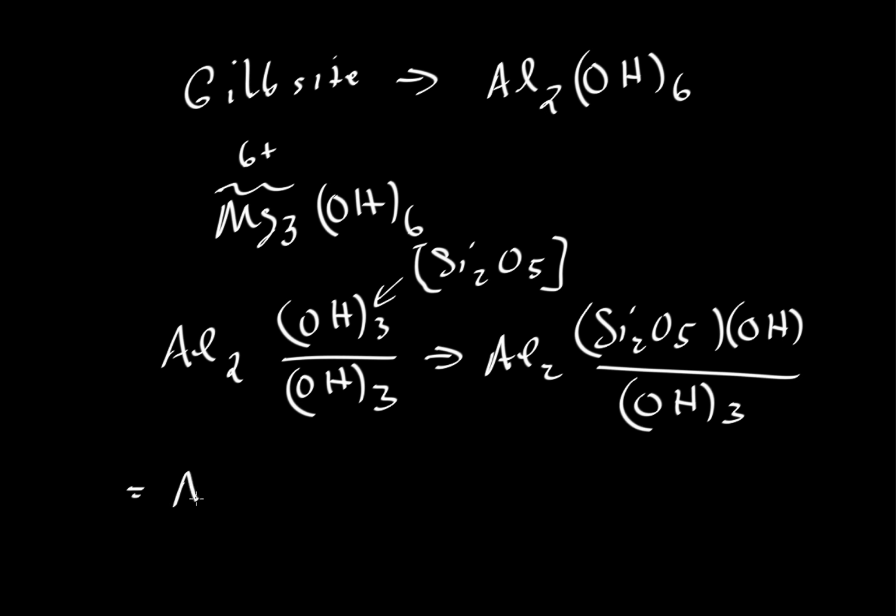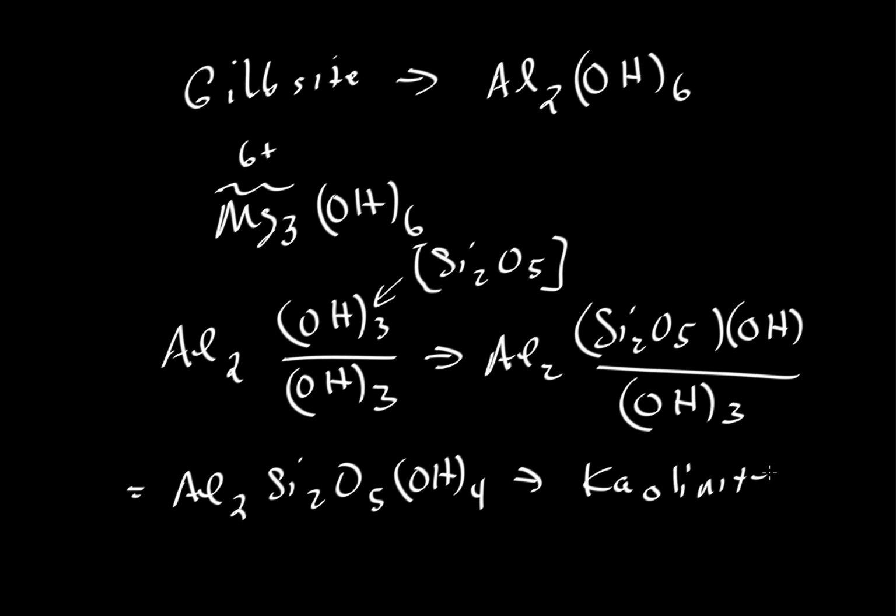If we rewrite that in standard format, we'd have Al2Si2O5(OH)4, and that would be the formula for kaolinite. So kaolinite is another one of these TO-type structures where we have a tetrahedral layer here and an octahedral layer down here, and those TO layers would just repeat over and over again, bonded to one another by weak van der Waals bonds.